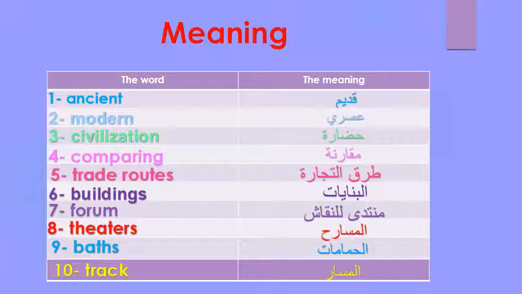Okay, now you have to write them in your notebook. Now let's move to the question part. Now I am going to write 5 questions and you have to write them down in your notebook and to answer them. إذن الآن سوف أكتب 5 أسئلة ويجب عليك نقلهم إلى دفترك والإجابة عنهم.